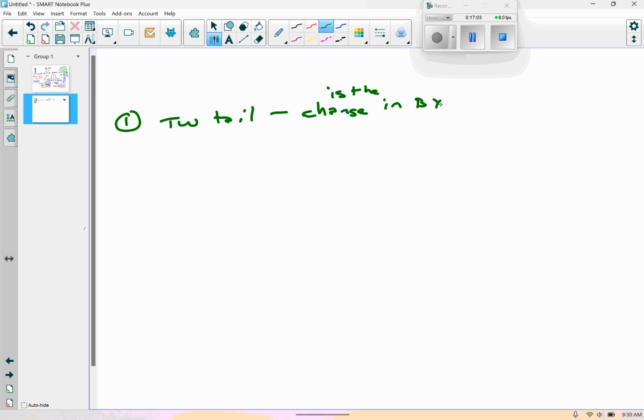Okay. All right, so problem number 2, for our null hypothesis and our alternative. We're going to say birth equals 28.2 years old. And then birth is not equal to 28.2 years old.